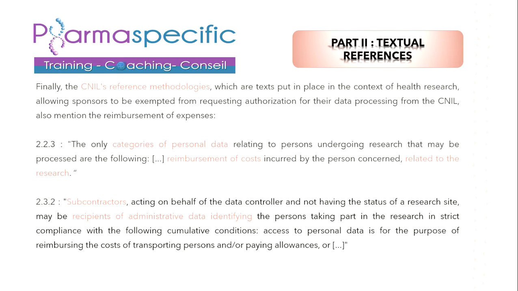And then we have paragraph 2.3.2 that says subcontractors acting on behalf of the data controller and not having the status of a research site may be recipients of administrative data identifying the persons taking part in the research in strict compliance with the following cumulative conditions. So there's a condition that access to personal data is for the purpose of reimbursing the costs of transporting persons and/or paying allowances, etc.